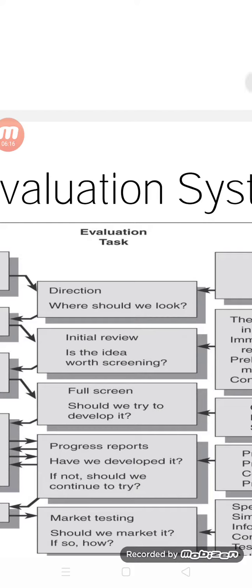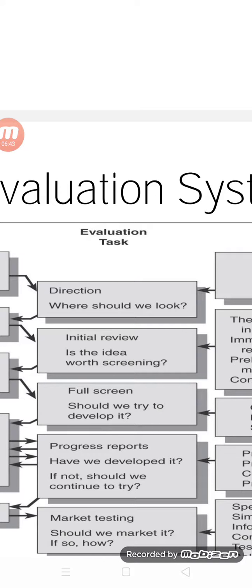At this stage, the task that the product team normally has to do is update the progress report of the project, in terms of which stage they have already developed.